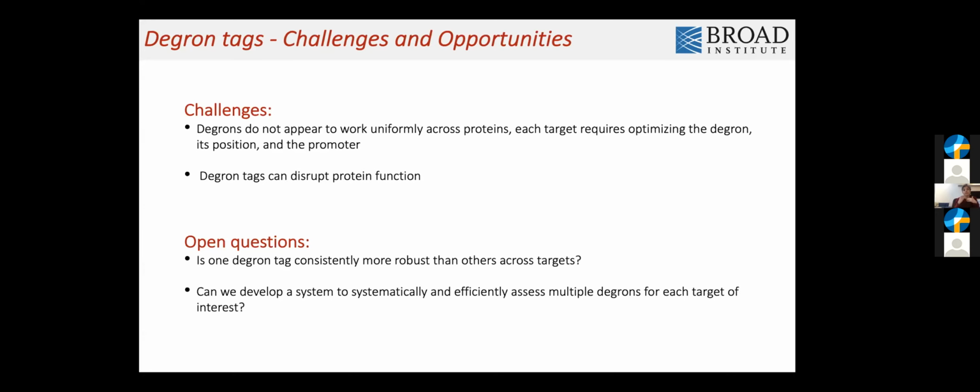And even if we are successful in identifying a very optimal, efficient Degron tag, at the end, we have found that the Degron tag can disrupt protein function.